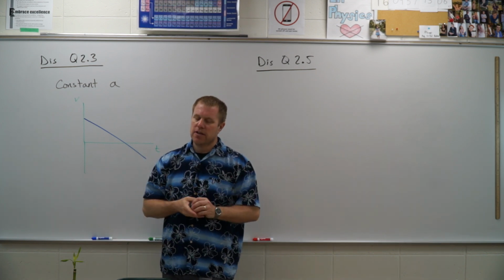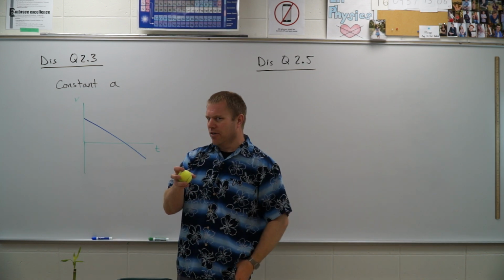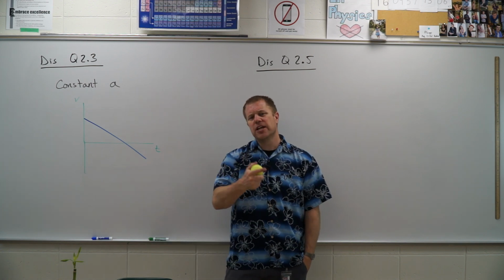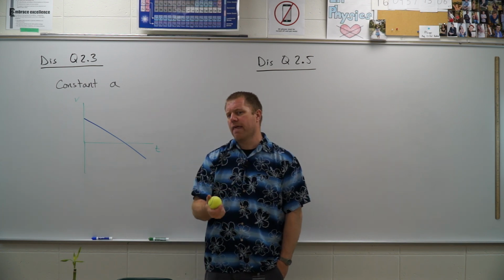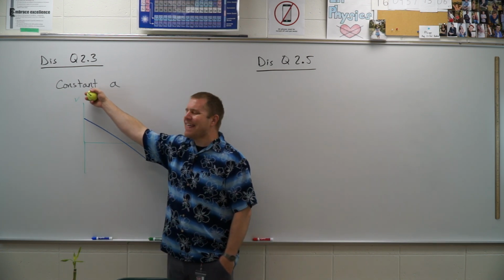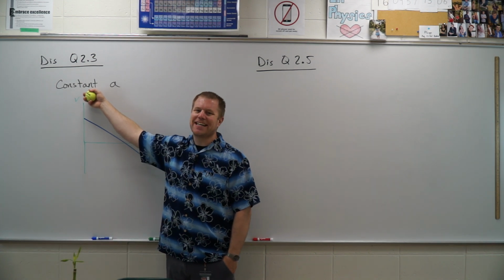Now, assuming it doesn't start on fire in the center of the earth and all these other things, it's going to change directions more than once. How can that happen? Well, in that scenario, your acceleration is not constant.